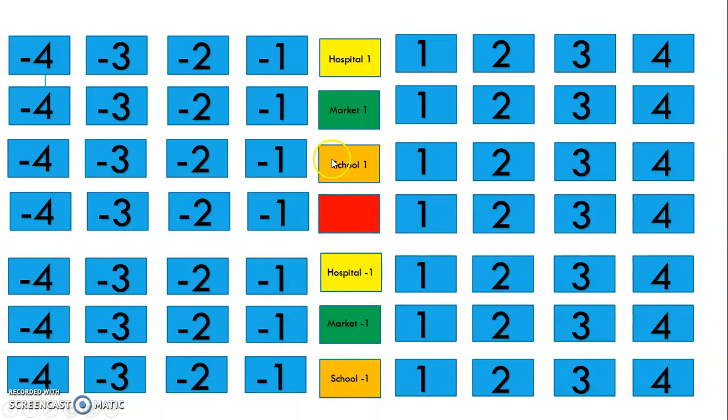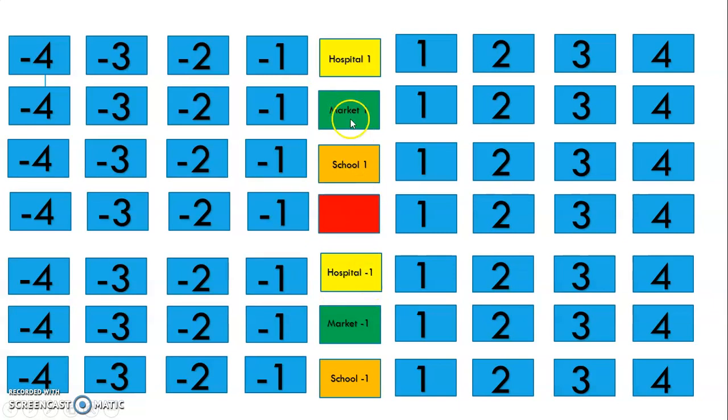So how do we identify these 2 hospitals? Since one hospital is above the post office, we can call it hospital 1. Okay, and since the other hospital is below the post office, we can call it hospital -1.